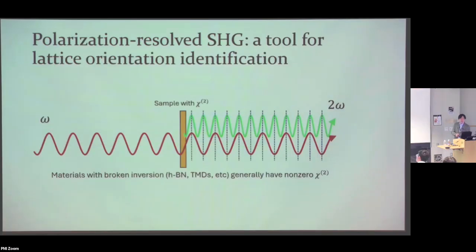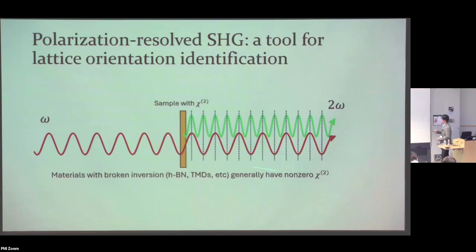I want to say a few more words about SHG, which is second harmonic generation. This refers to the generation of 2 omega optical light when you pump with omega. The reason it generates 2 omega is because of the nonlinearity of the dielectric or sample that you're pumping into.